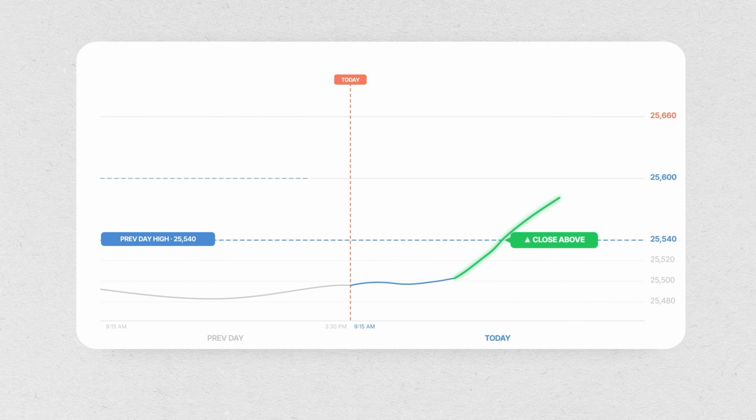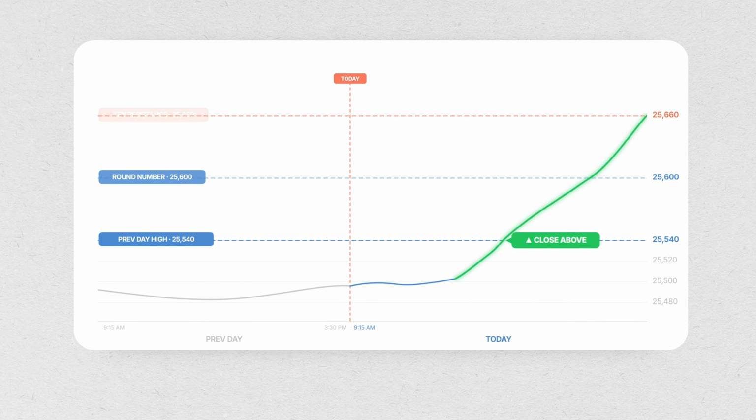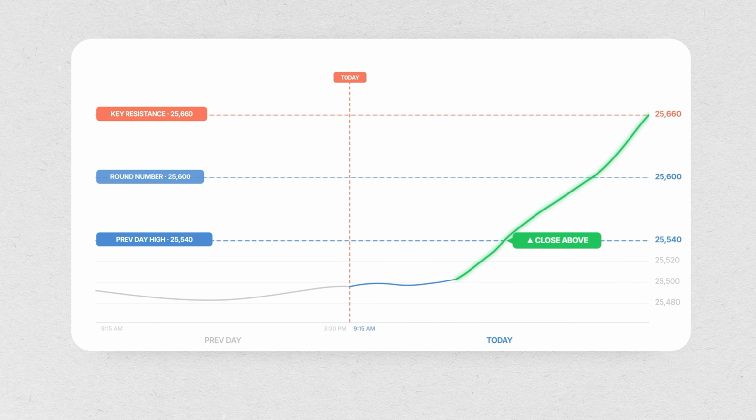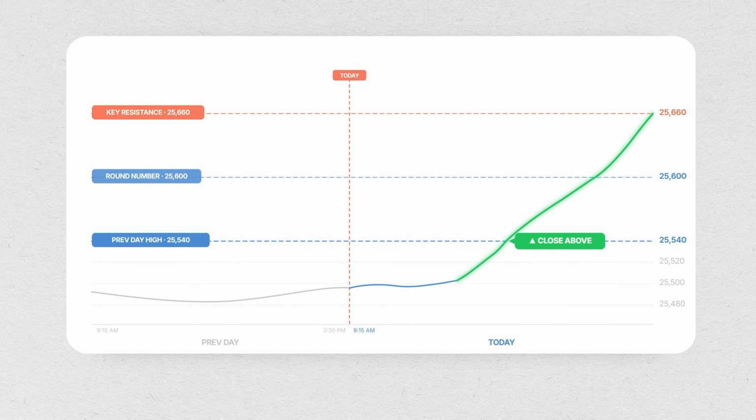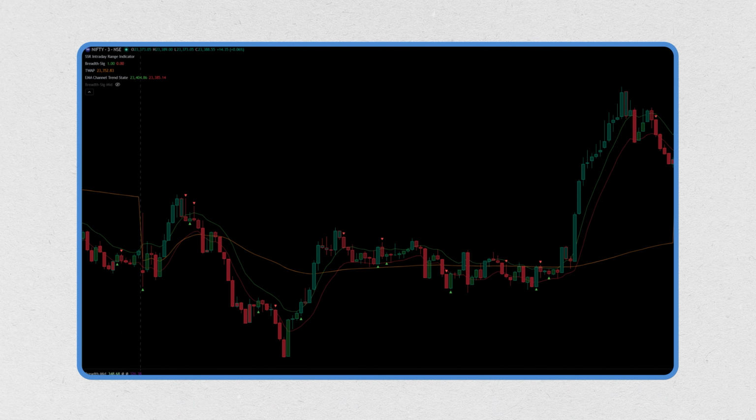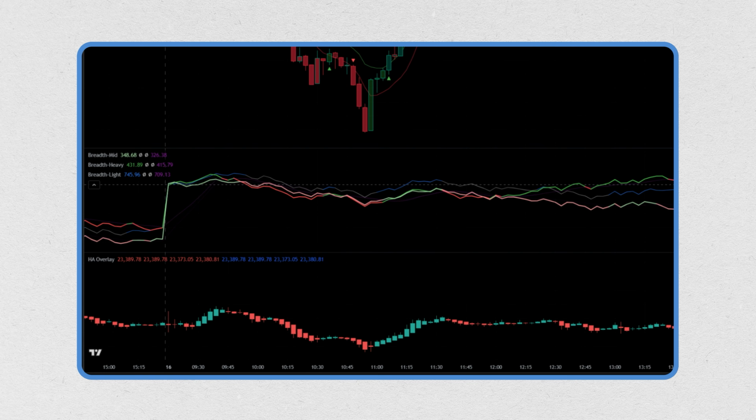You should also watch for key reference points such as an all-time high, a major round number, or any other known resistance levels. If price manages to close above such levels, especially in S3, the chances of that move sustaining tend to improve. As you can see on the chart, 16th of March was one such day.